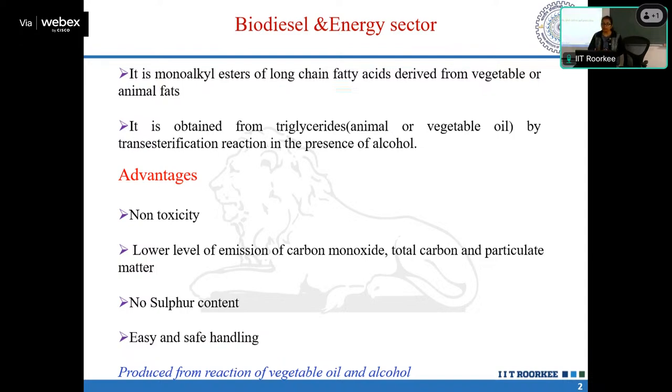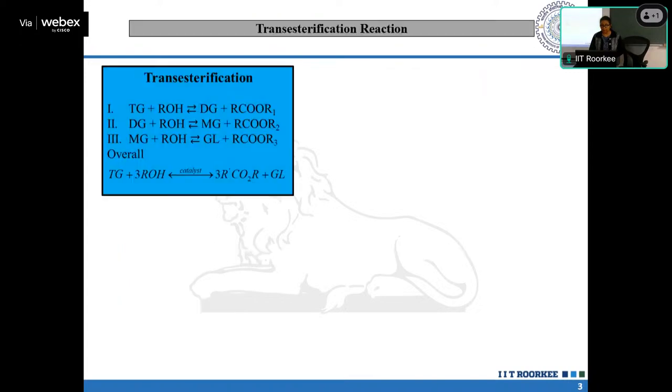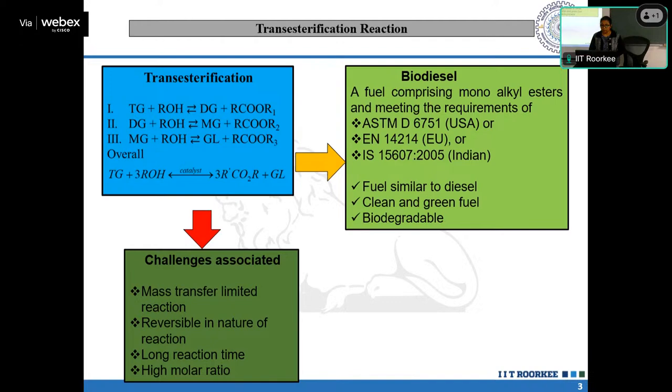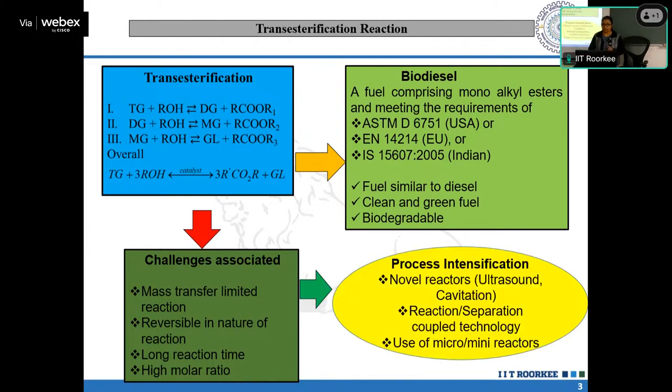But the point is, when you try to carry it out in a batch reactor, you face certain limitations. This is the reaction that is being shown, and we use some catalyst for it also. What is the limitation?